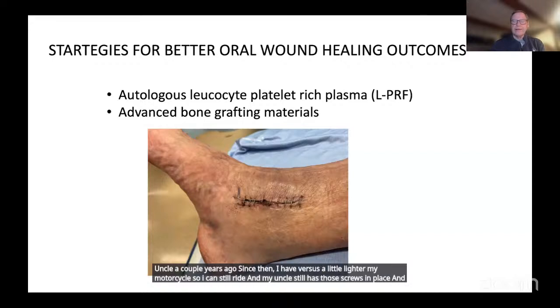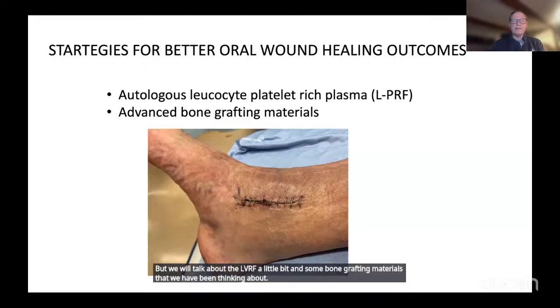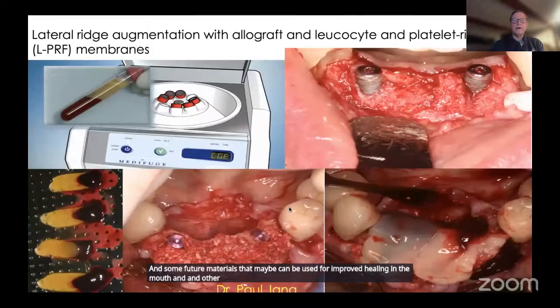They did heal okay, but you can see they used staples and not sutures like we do on skin wounds. But we will talk about the LPRF a little bit and some bone grafting materials that we have been thinking about, and some future materials that maybe can be used for improved healing in the mouth and other parts of the body.